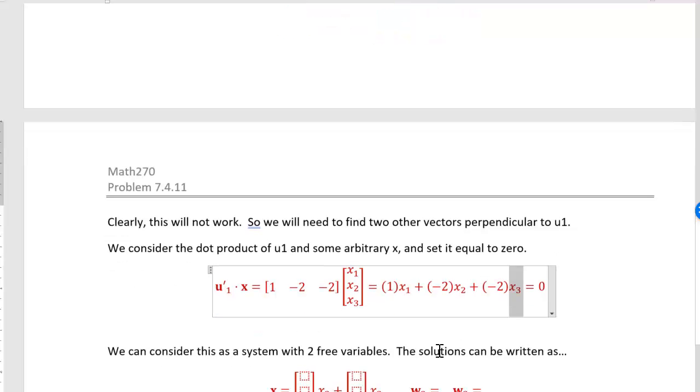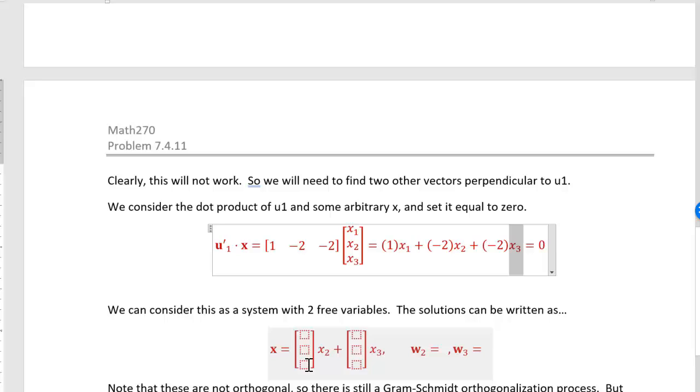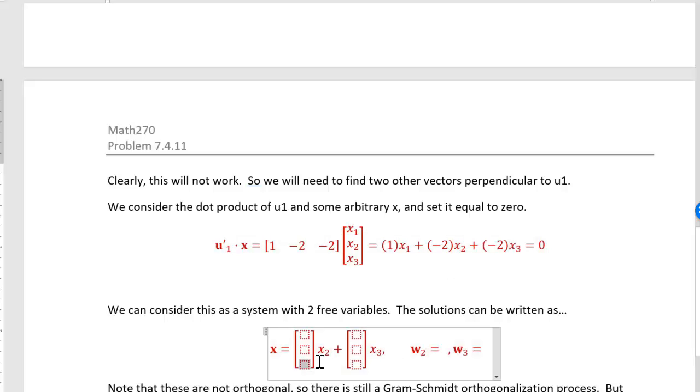So if x2 and x3 are free variables, then if x3 was equal to 0 and x2 was equal to 1, then x1 is going to equal +2.